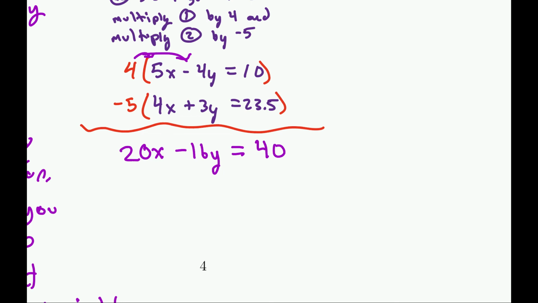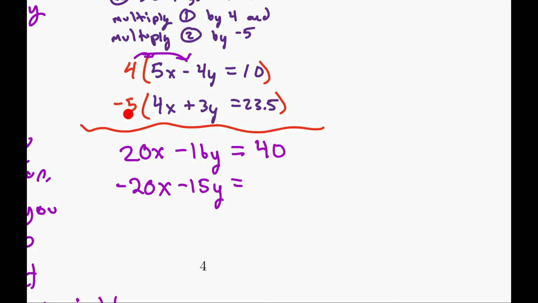Then I'm going to take the second equation and multiply it by negative 5. Let's do the same thing. We've got -5 times +4 will be -20. That's the whole point of what I'm trying to do here. Then -5 times +3y will be -15y.